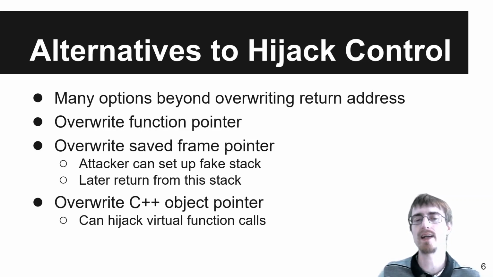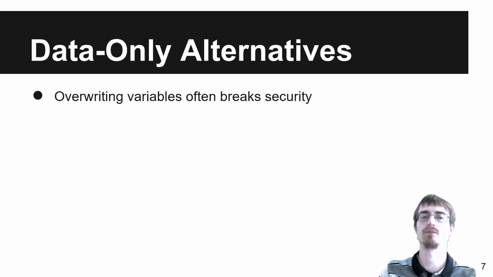And if we replace the object pointer, we can point it instead to some other location. Now, if this other location contains code pointers, then the first time a virtual call will be made, it uses these code pointers to perform the call. So this is another case where we can hijack control. It's similar to function pointers, but of course virtual functions are very commonly used in C++ code. So this is a common effective attack vector.